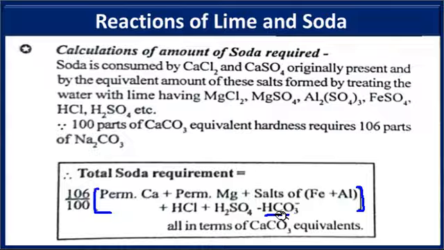Because we saw the reaction that whenever sodium bicarbonate is present, it reacts with lime to produce sodium carbonate in the water, which has to be subtracted from the total soda requirement. That is why minus bicarbonate is put here. Remember that all these salts are used in terms of the calcium carbonate equivalent. This factor is multiplied by the total volume of water multiplied by the purity factor of soda.